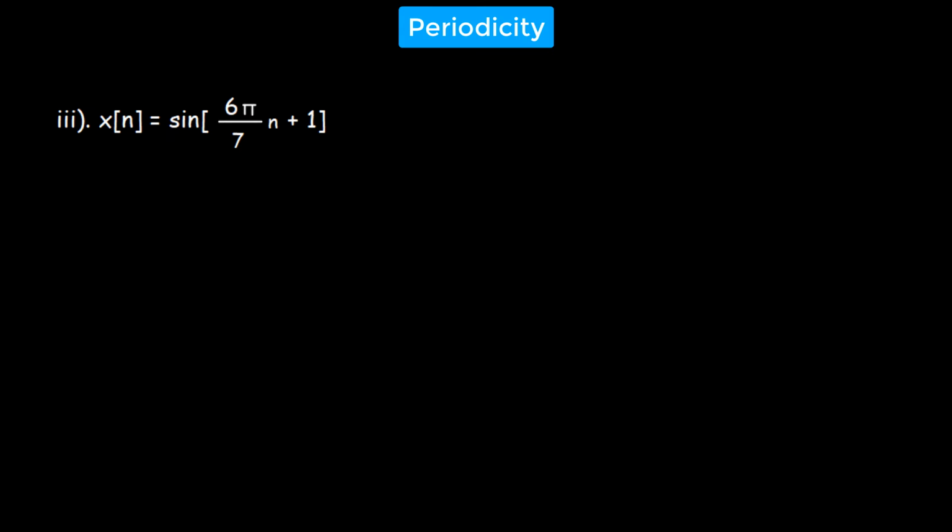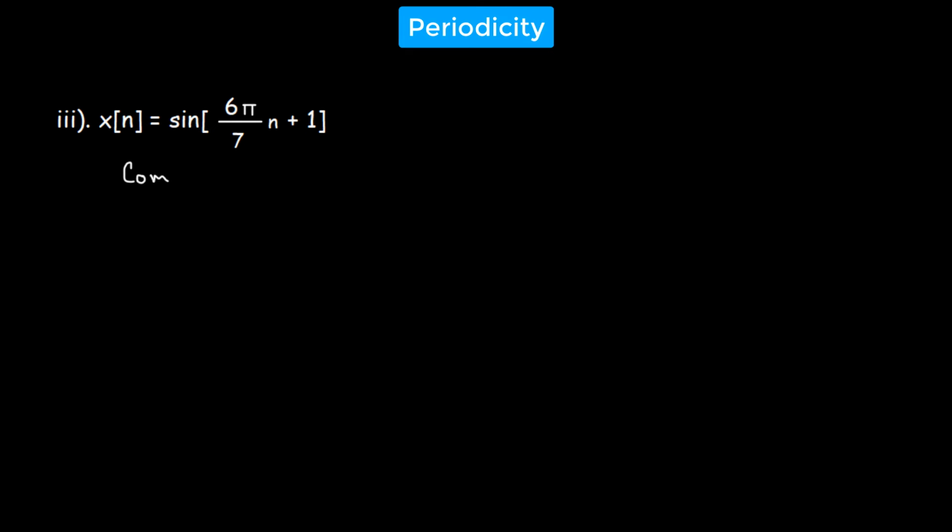Here we have now the discrete time signal given by sine of 6 pi n over 7 plus 1. We first check whether this given signal is periodic in nature or not. We are going to use method number 2.